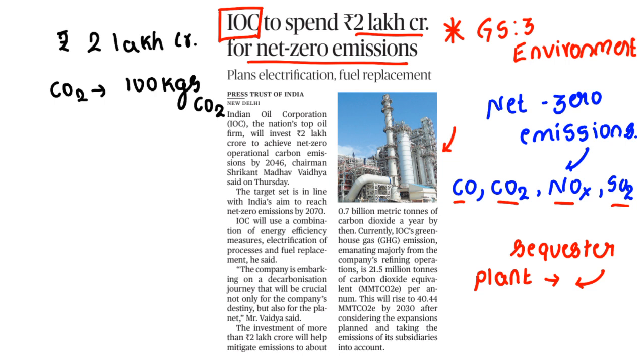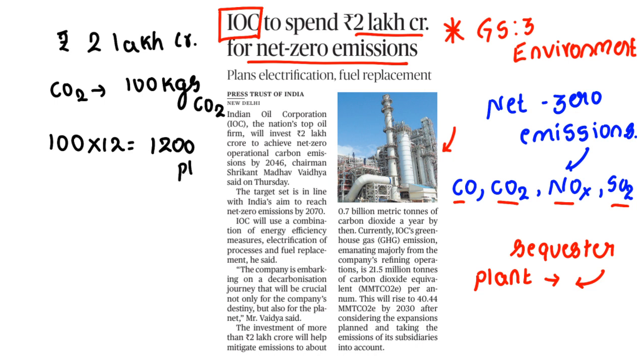You have to remember that carbon dioxide is generally measured in kgs only. Clear? So the same company asks its officials to plant plants, say 100 plants into 12 months. That is somewhere around 1200 plants, right?